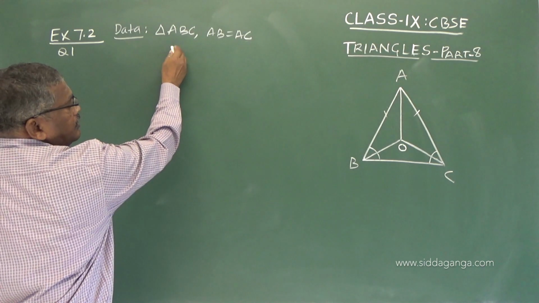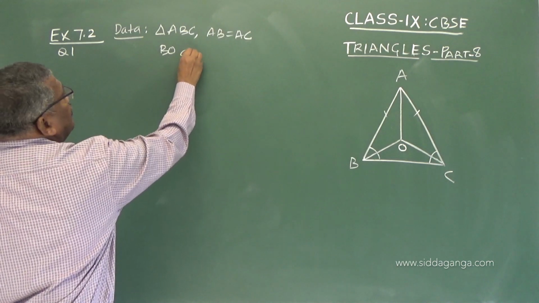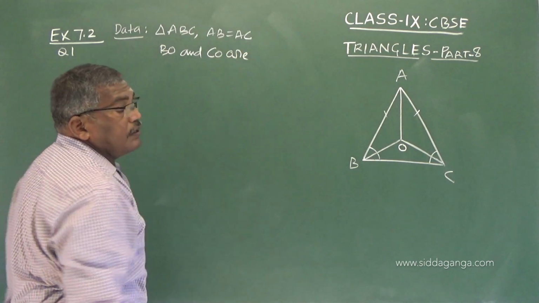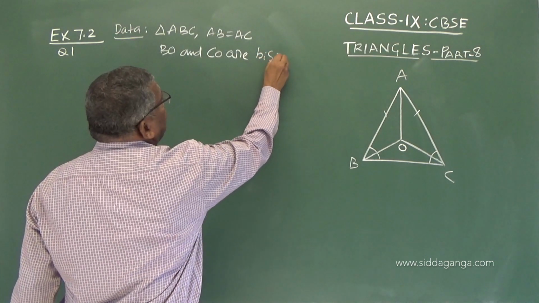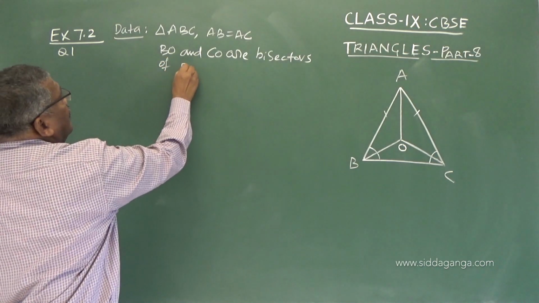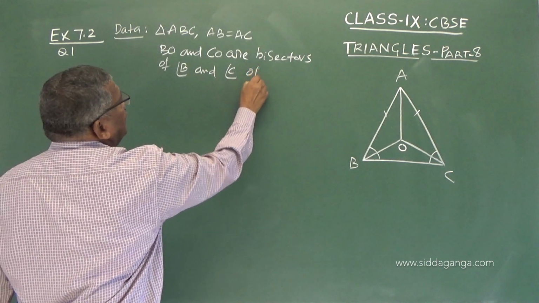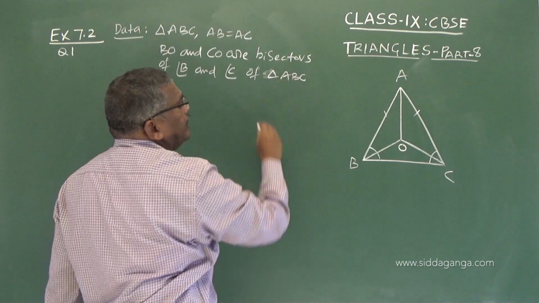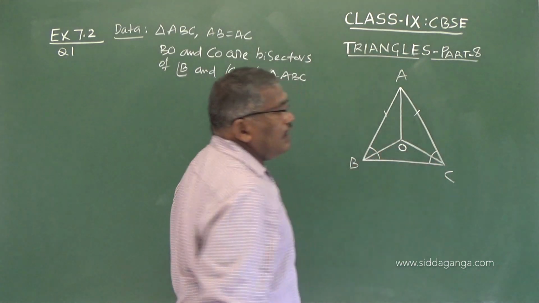So BO and CO are bisectors of angle B and angle C of triangle ABC. So OB is the bisector, OC is the bisector.